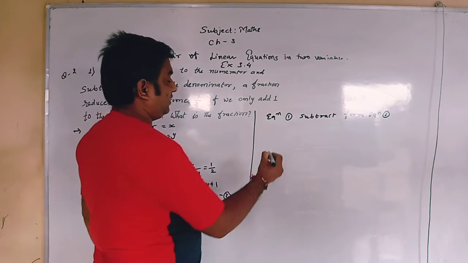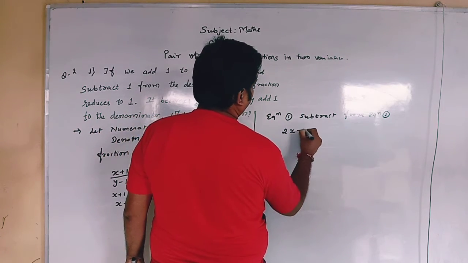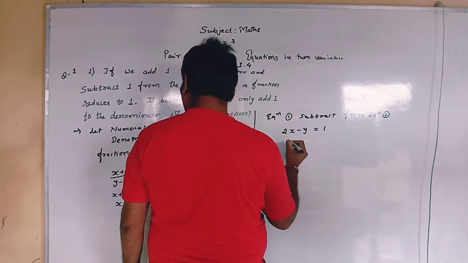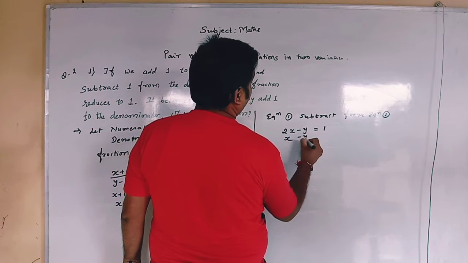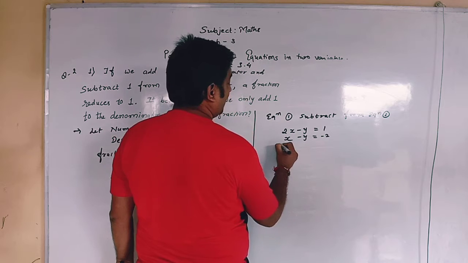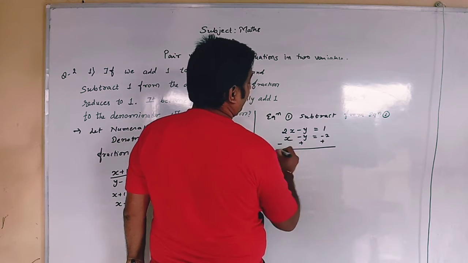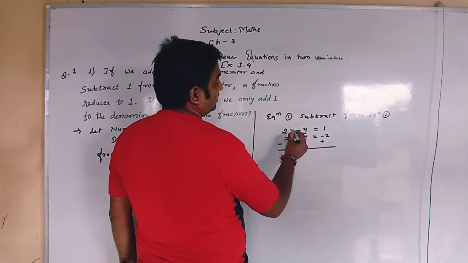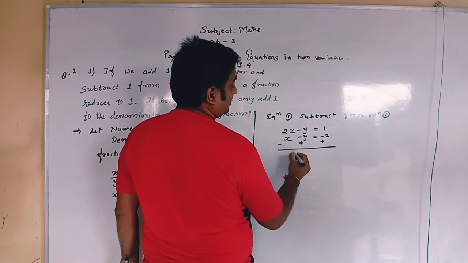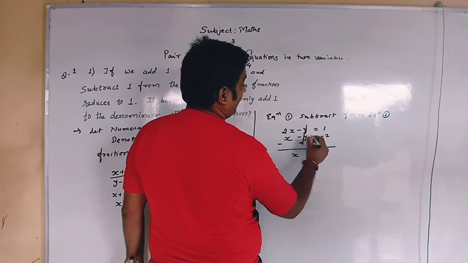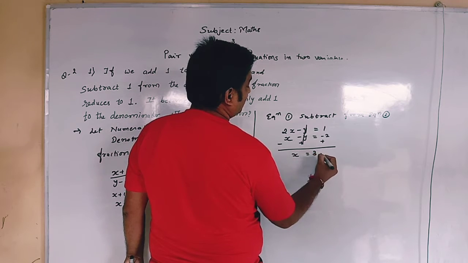Then we get 2x minus y equals 1 and x minus y equals minus 2. We change the sign, minus and minus convert into plus, and so 2x minus x will be x, y cancels, and 1 plus 2 equals 3.